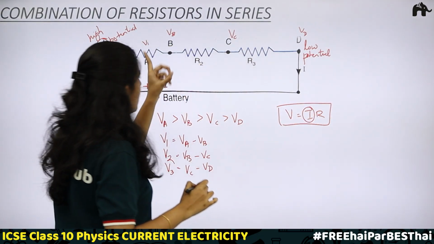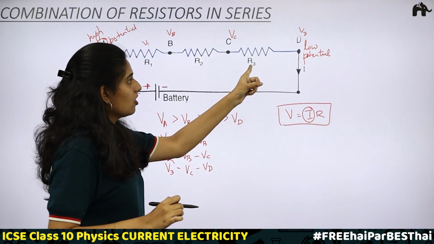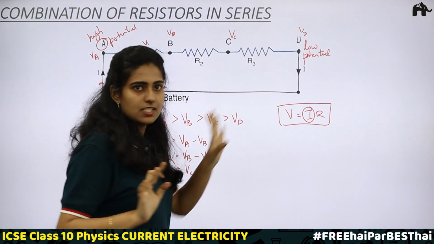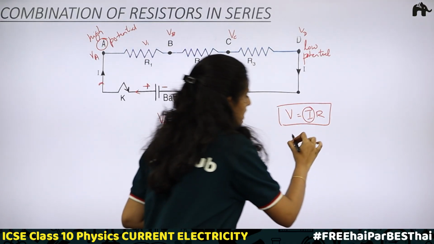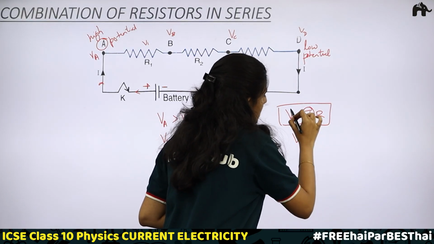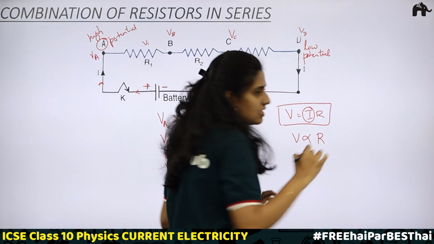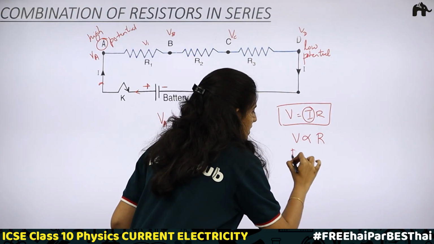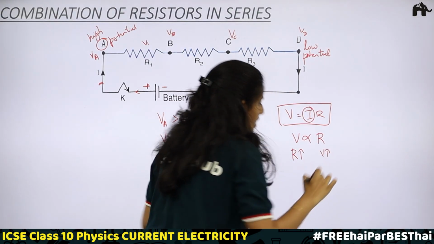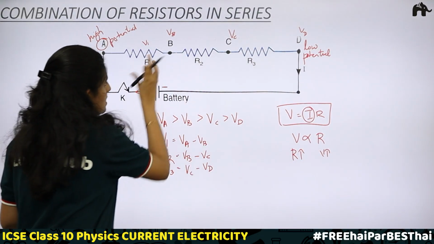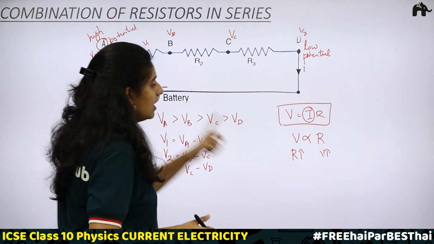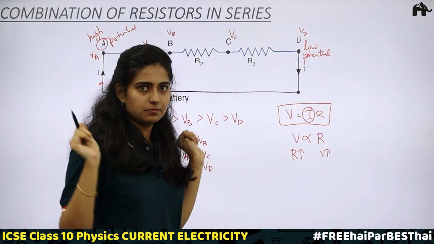The current across R1, R2 and R3 is the same. We will represent it as I. Which means we can say the potential difference is directly proportional to resistance. If the resistance increases, potential difference increases. So in this case, the resistor which has the highest resistance will also have the highest potential difference.